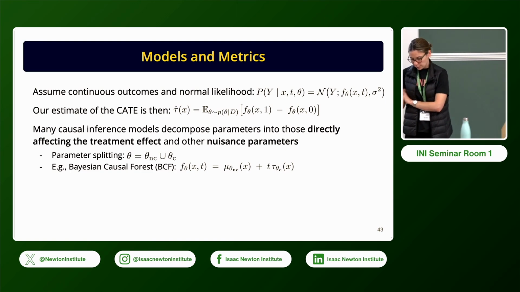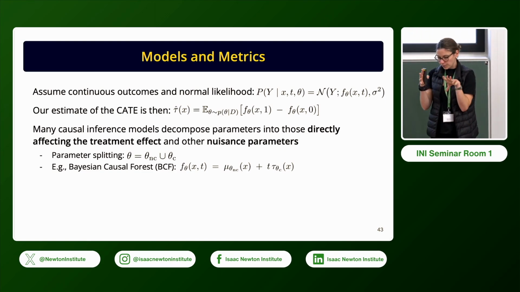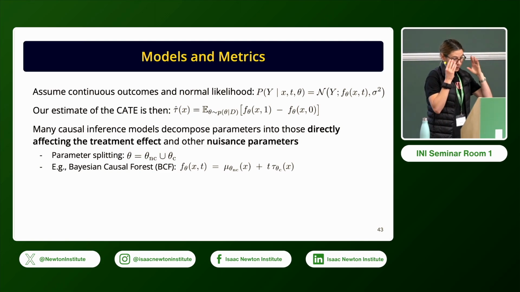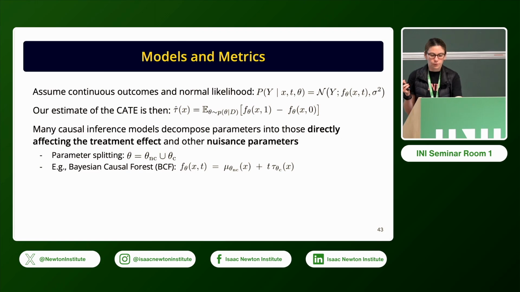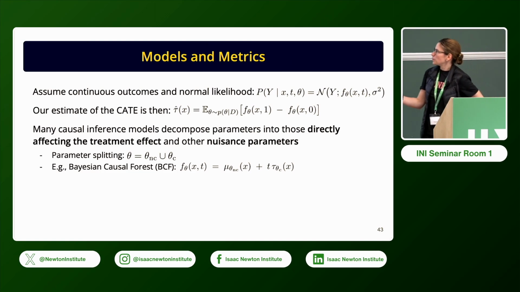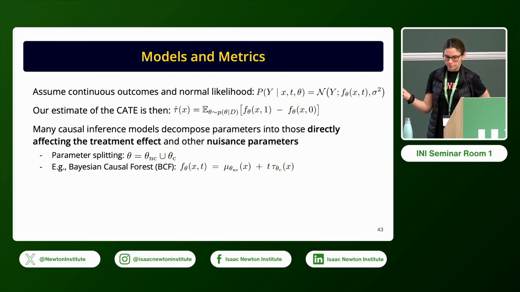Now another assumption that we're making is the type of probabilistic model that we are working with. And specifically, we will be using models that decompose parameters into those that directly affect the treatment effect and other nuisance parameters. So we have this splitting of the overall parameter space into theta non-causal and theta causal.